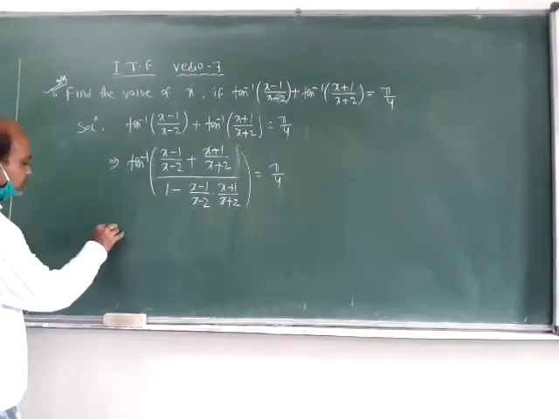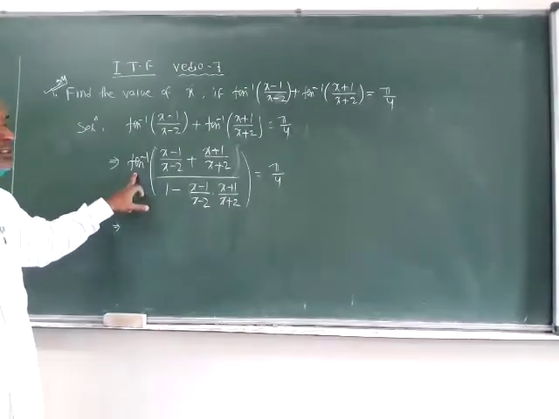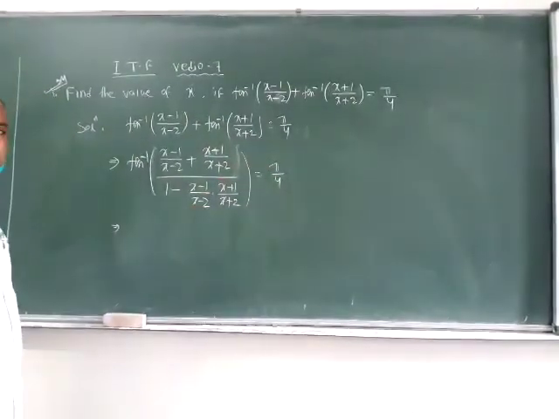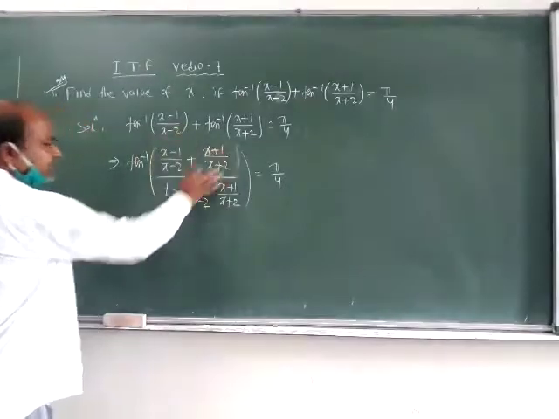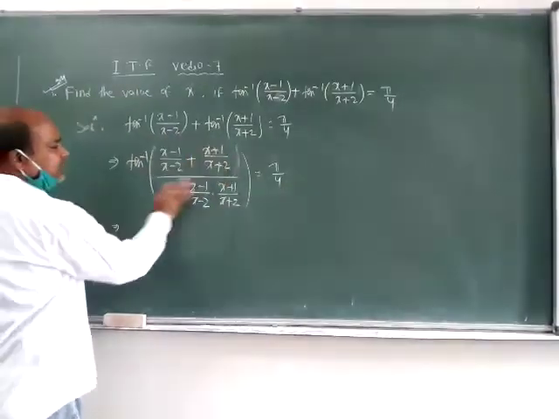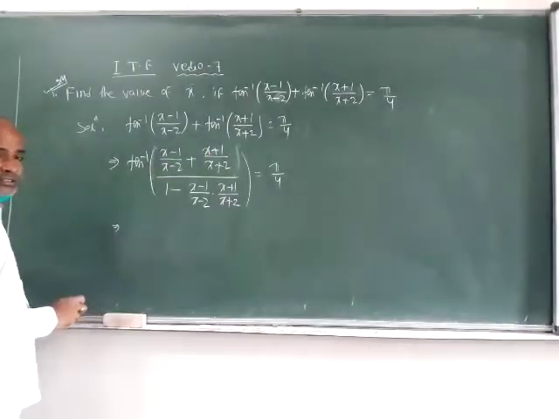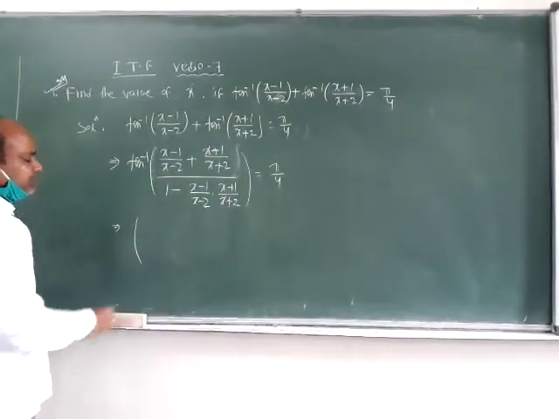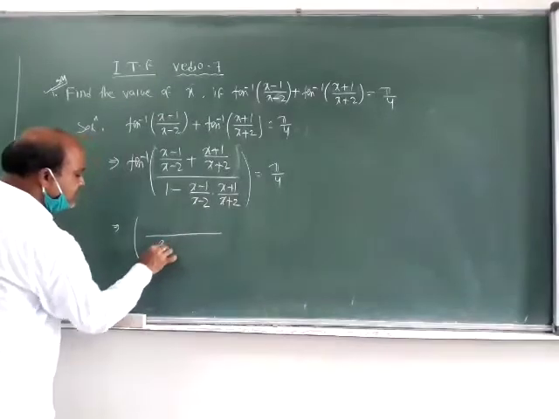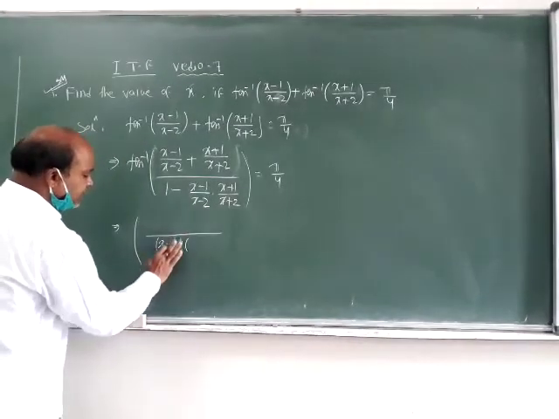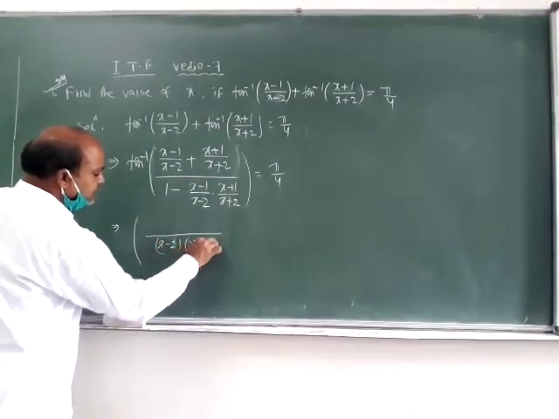Now what do you do? The LHS tan inverse is transferred to the RHS. So then what will be left in the LHS? This is calculation, meaning you have to take the LCM and cross multiply. After taking the LCM, the terms left are (x minus 2) into (x plus 2).